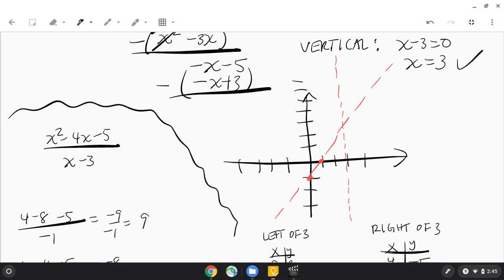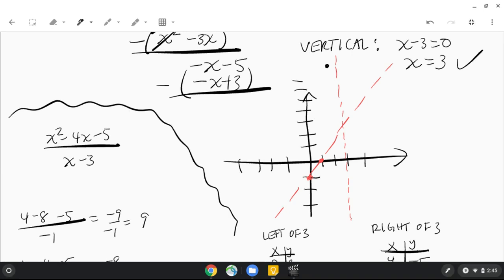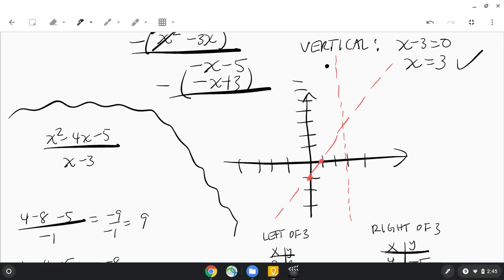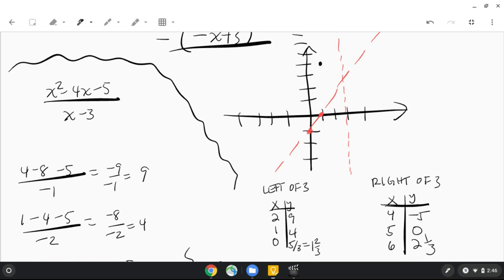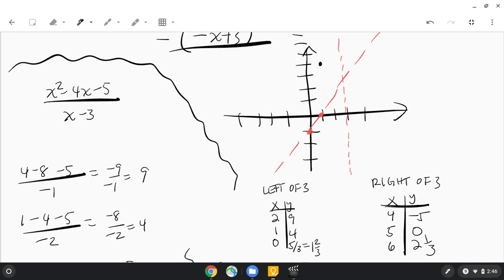Okay, so 2, 9. 1, 4. And then the last one, 0, 1 2/3.